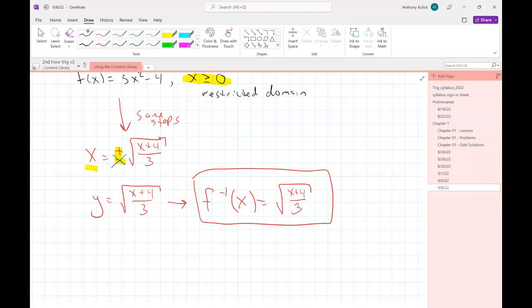Okay, and let's do one more example here, and then I'm going to stop. Got to turn my page to see what that example was.